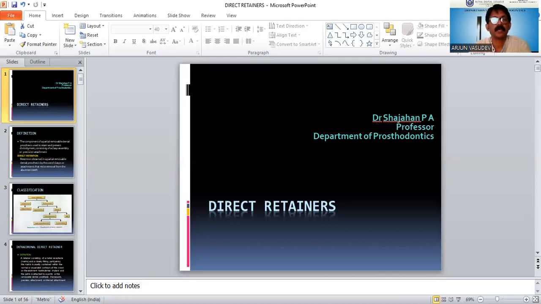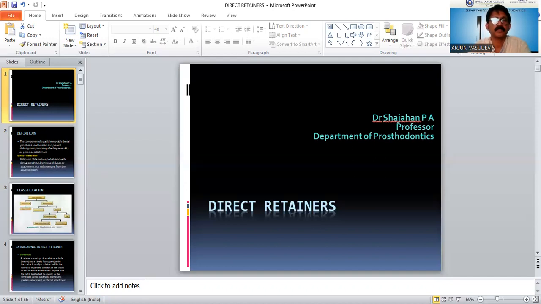It is prepared intracoronally, or it can be incorporated in an extracoronal fitting, like a crown, prepared inside the crown. Or you can see in the lower portion the male component, the patrix, which is connected to the framework.